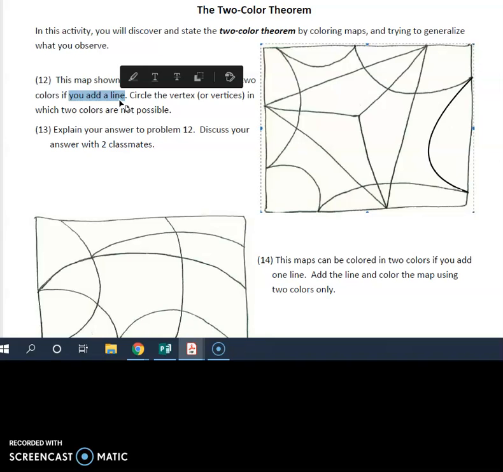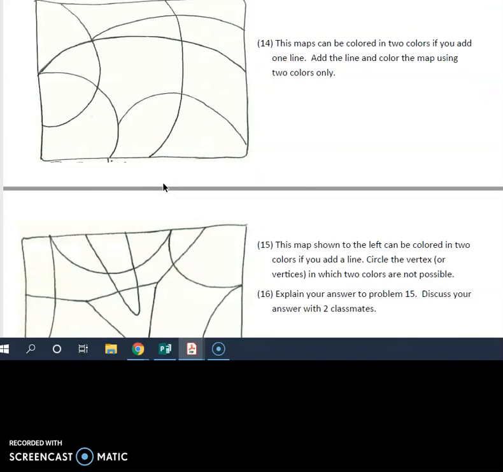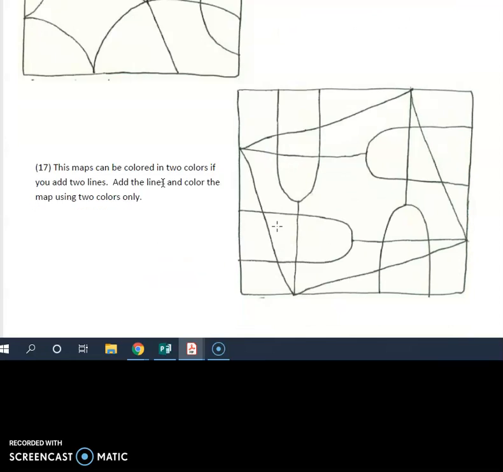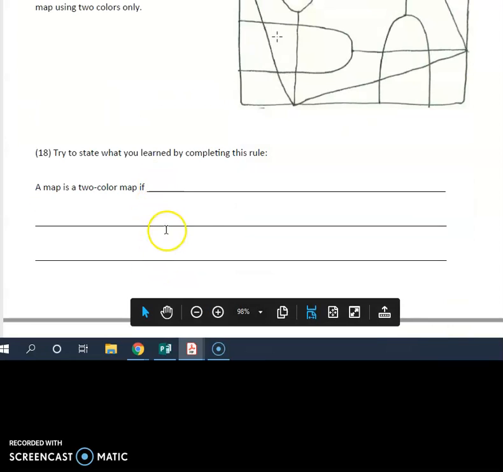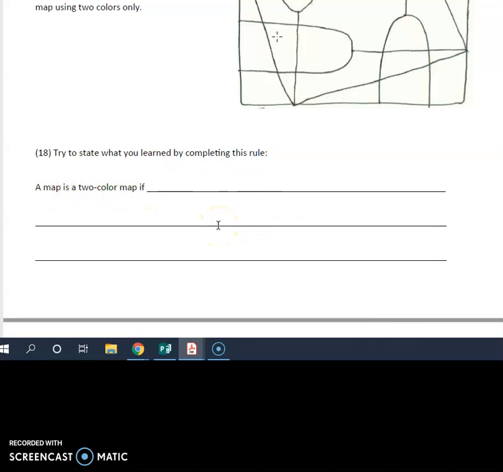And can you figure out a pattern, or what we call a theorem, a rule, that will allow us to identify which ones will perfectly work for two colors and which ones we have to fix? There are two problems here, and then two additional problems here. And then I'm asking for a rule. A map is a two-color map if. Can you tell me what's happening here that guarantees that these two colors will always work?